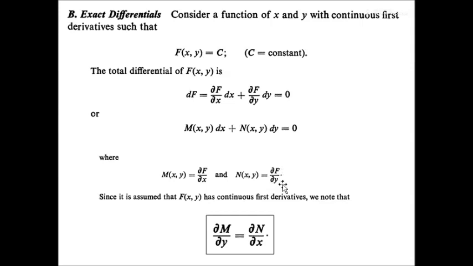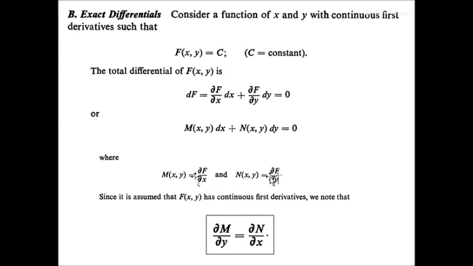Now it is assumed in such a way that f(x,y) has continuous first derivative. So as f(x,y) has continuous first derivative, now if you differentiate this equation with y and take a partial derivative, obviously del M by del y equal to del square f by del x del y, and del N by del x will be del square f by del x del y.